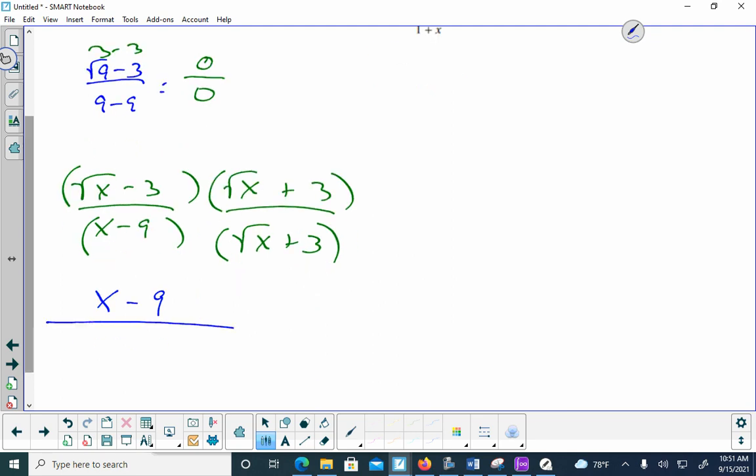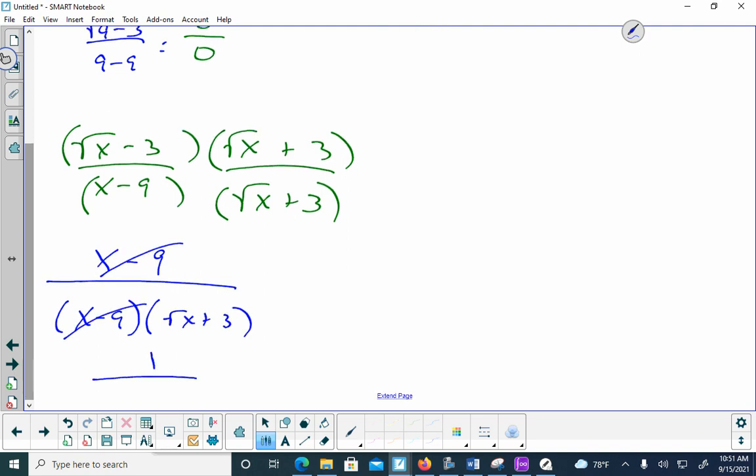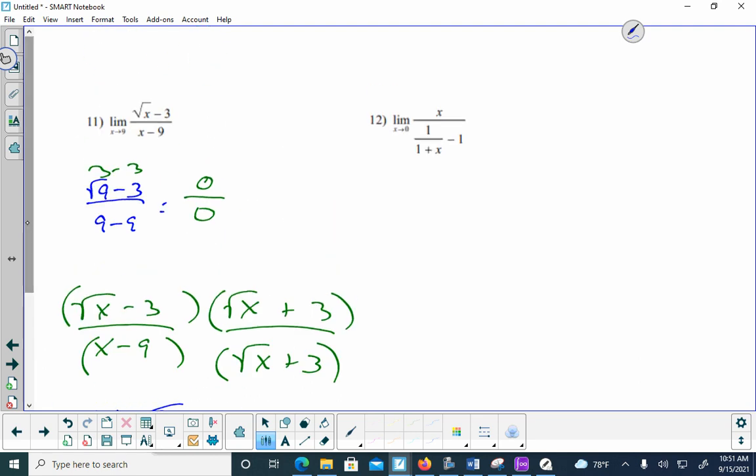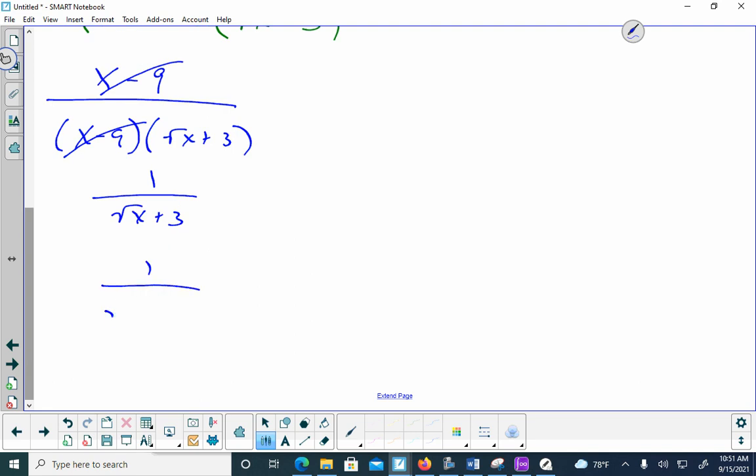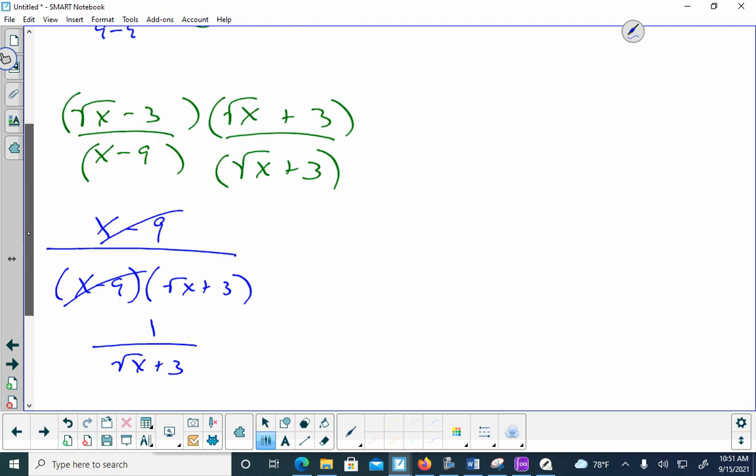And then my denominator is going to be the x minus 9 times the square root of x plus 3. These x minus 9s will simplify, and I'm going to have 1 over the square root of x plus 3. Remember, we're taking the limit as x approaches 9, so I'm going to substitute 9 in for that x. So my final answer is going to be 1/6.